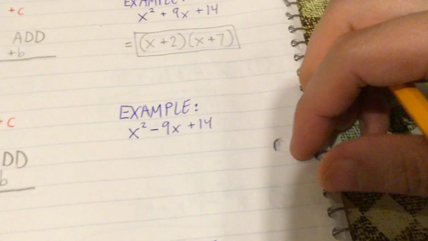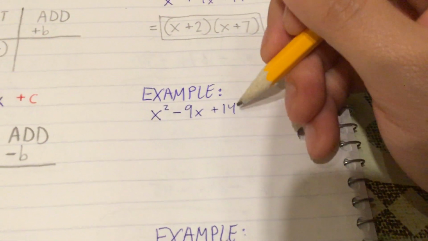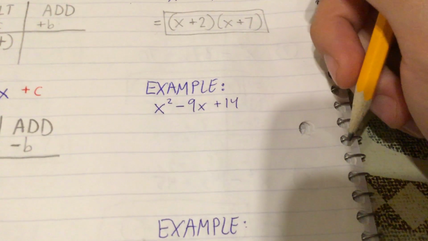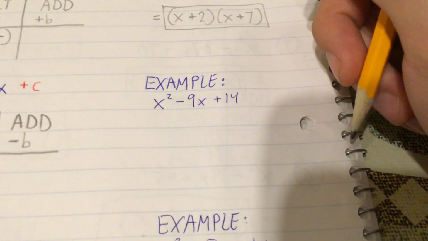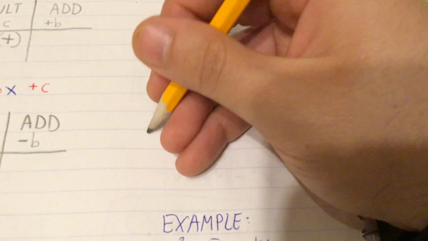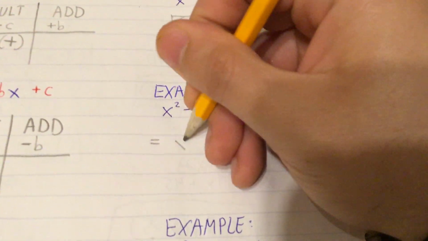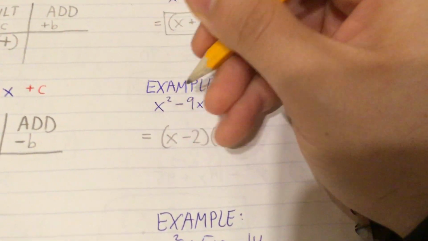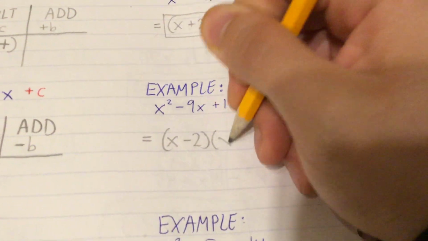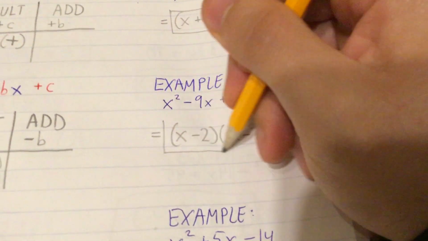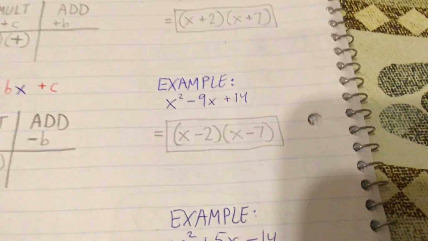So for example, using the same 2 numbers, what 2 numbers will multiply to positive 14 and add to negative 9? The answer is negative 2 and negative 7. Therefore, x squared minus 9x plus 14 can be factored into x minus 2 times x minus 7.